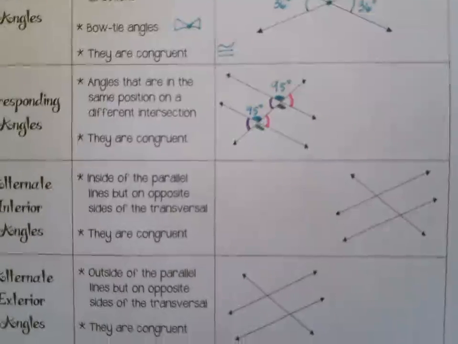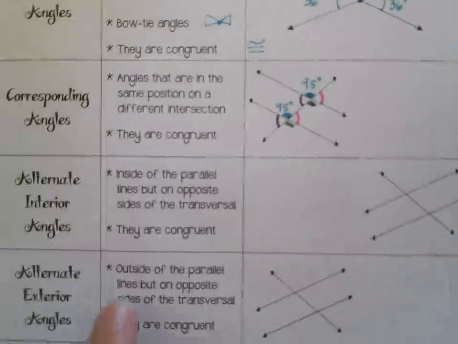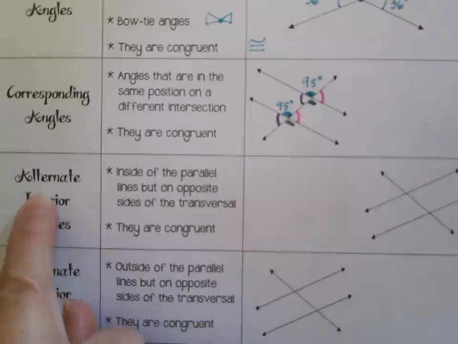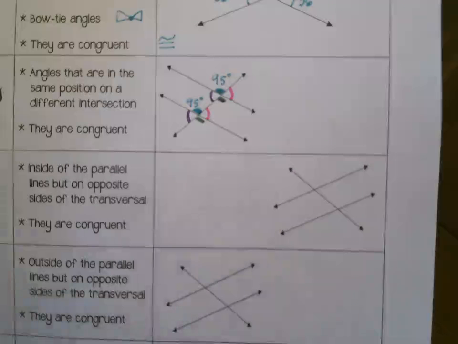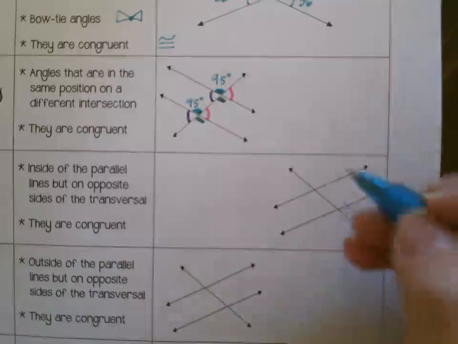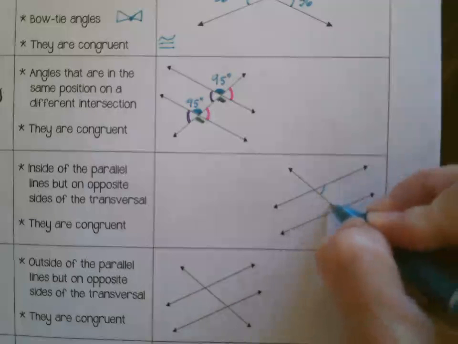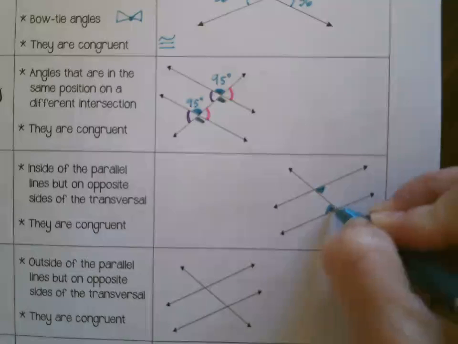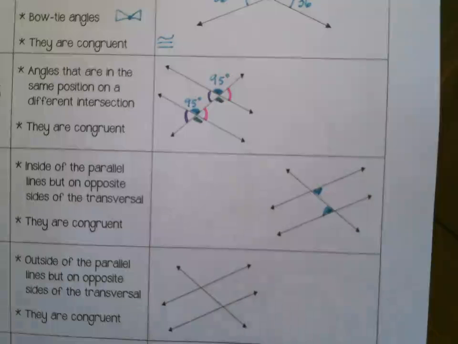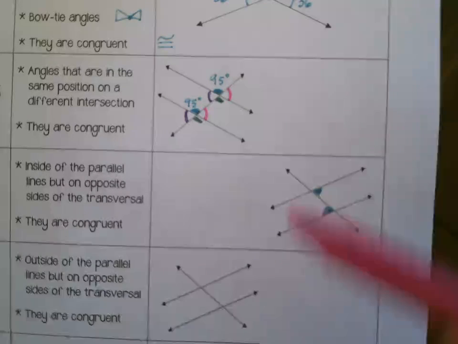All right, next up, alternate interior angles. They're alternate because they're opposite, interior because they're inside. So what that means is that we're talking about angles that are on opposite sides of our transversal line, but they're inside of the parallel lines. So alternate because they're on opposite sides.